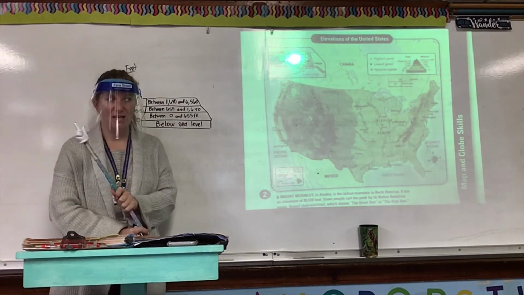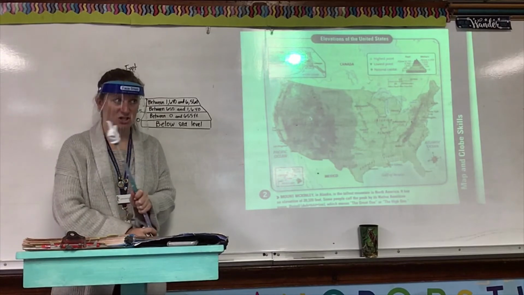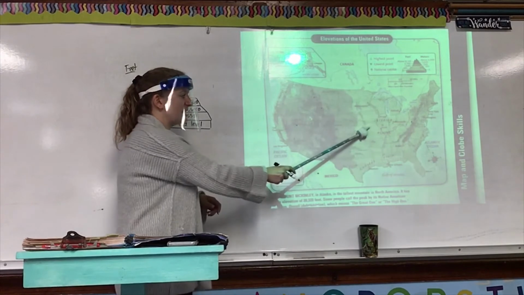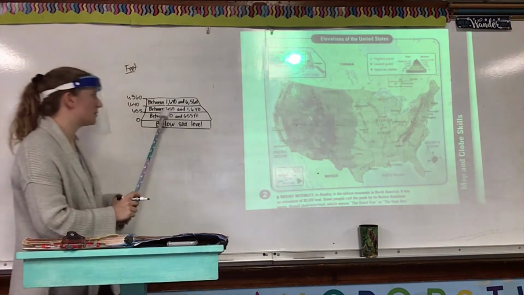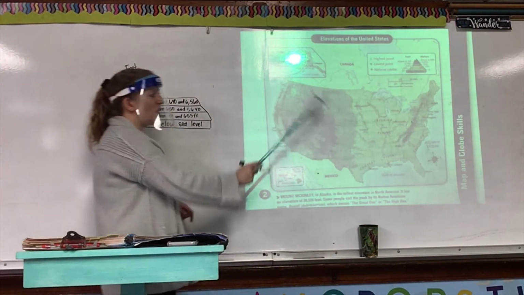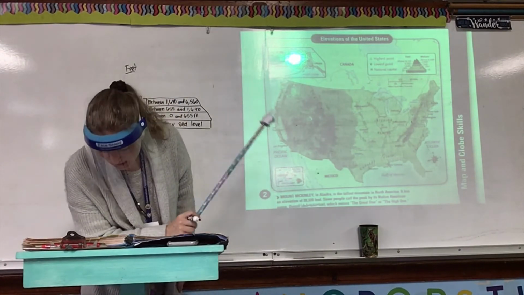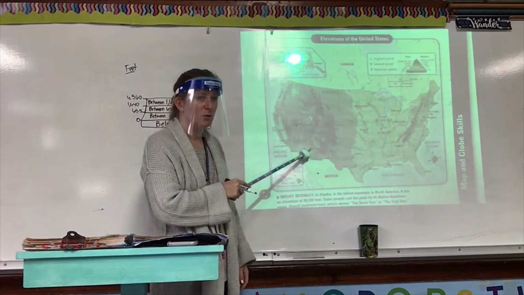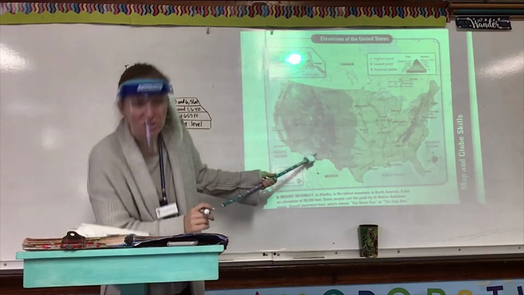So make sure you're paying attention to this because you will have questions where you have to say, okay, this place has this pattern, that means it has to be, okay, I'm trying to find the elevation of Phoenix, Arizona. Well, if I look at Phoenix, it's orange.